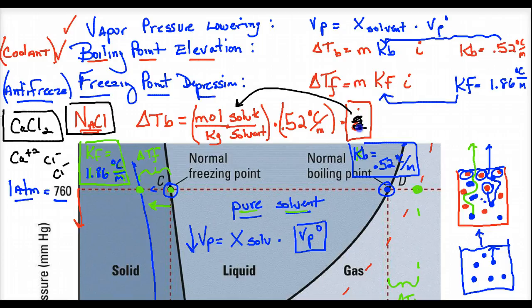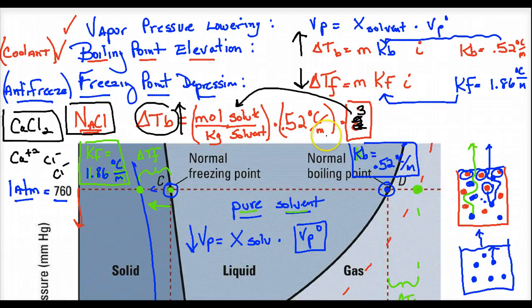You'd put a 3 here. So calcium chloride, just by the number of particles it dissociates into, this electrolyte, we would put a 3 here. And that, of course, would change my boiling point even greater. Now, it would also do what to my freezing point? It would lower my freezing point even greater. So boiling point is elevated, my freezing point is depressed.